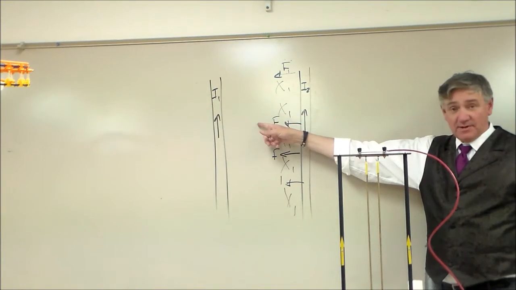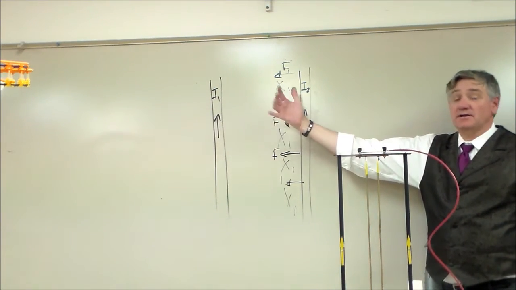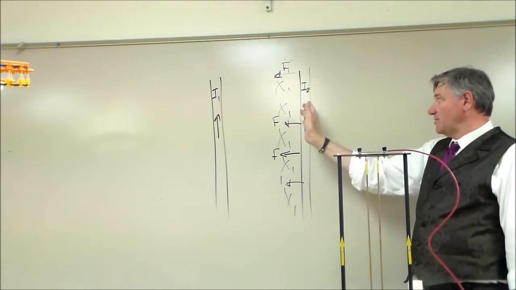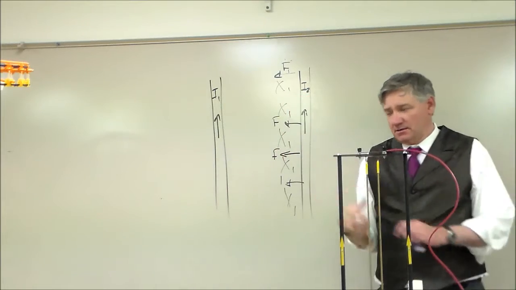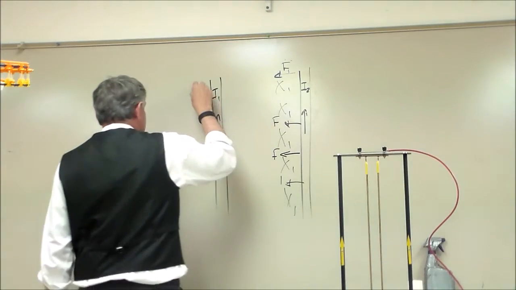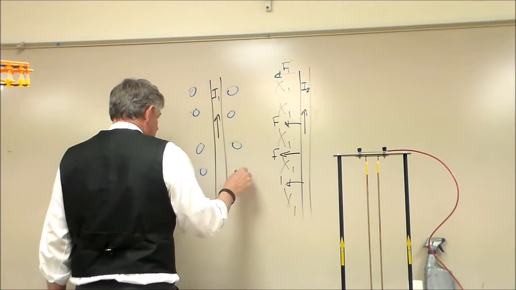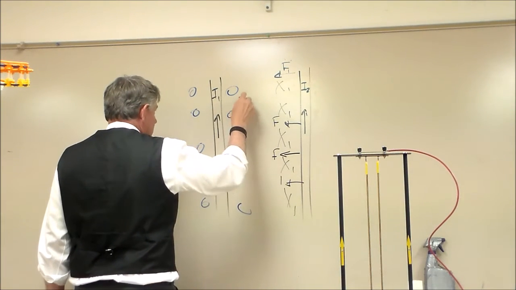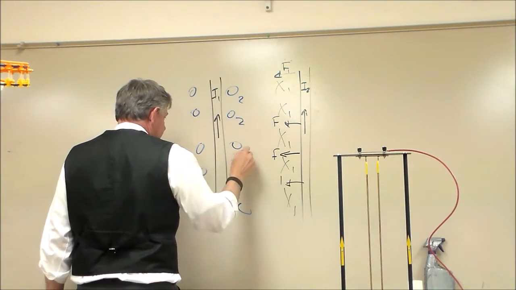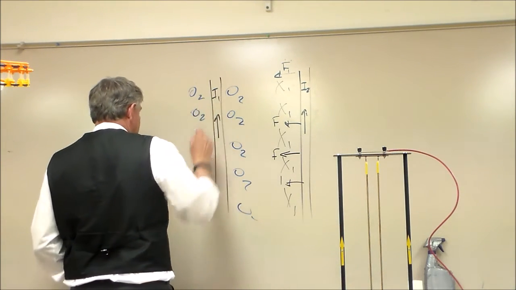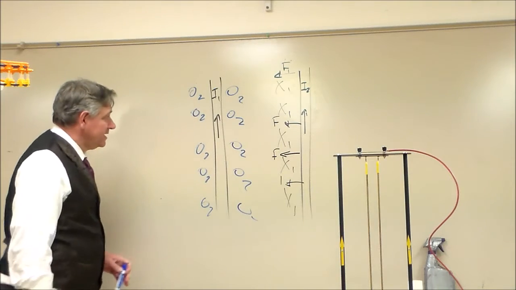So what's going to happen over there? Now you're going to have dots, because this current's going this way, so I put my hand this way and wrap my hand around it. So this is gonna be dots.